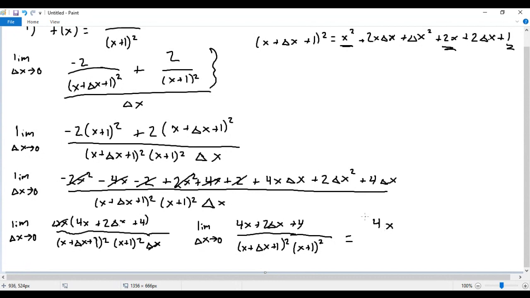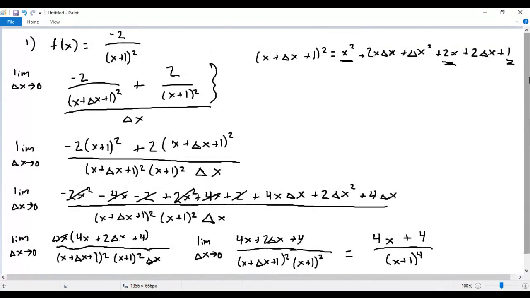So we get 4x plus 2 times 0, so plus 0, then plus 4, divided by, here we have x plus 0 plus 1 squared, so x plus 1 squared times x plus 1 squared, which is x plus 1 to the 4th. And that should be our correct derivative.